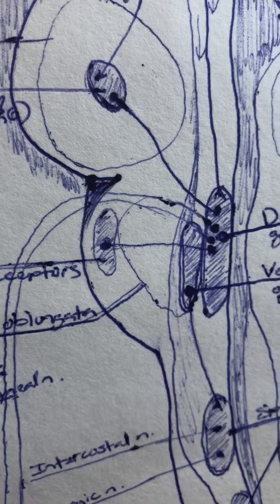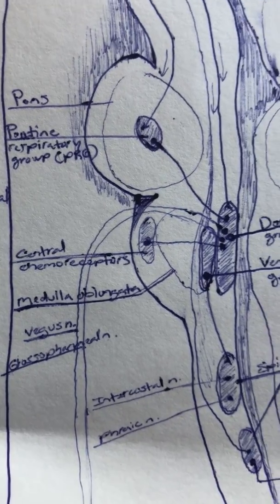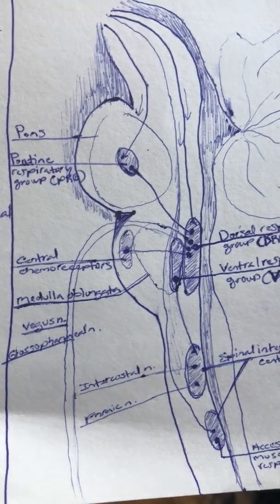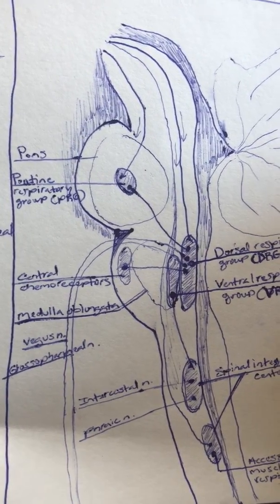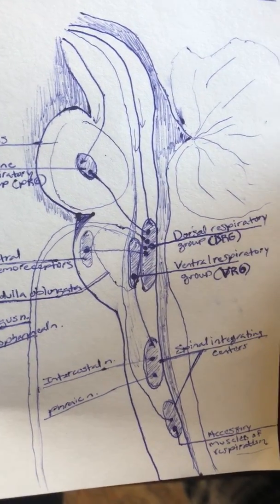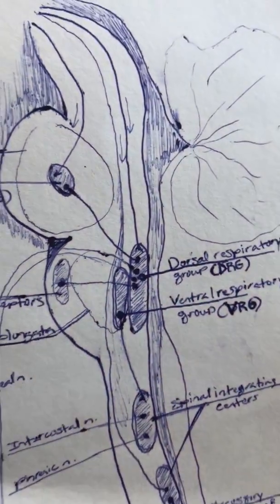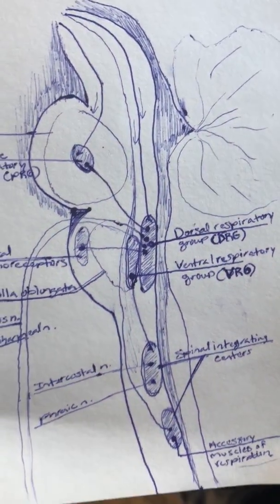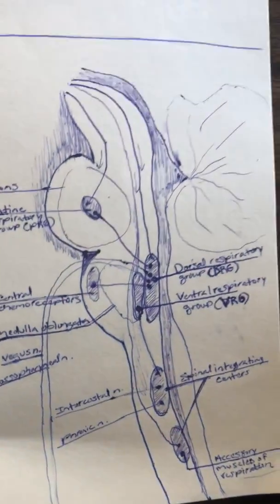They communicate between the joint in these areas. So within the medulla oblongata, you're going to have the dorsal respiratory center and the ventral respiratory center, which communicate to keep rhythm within the respiratory center.